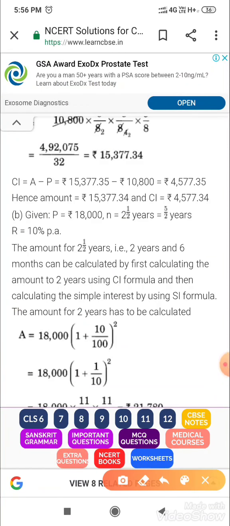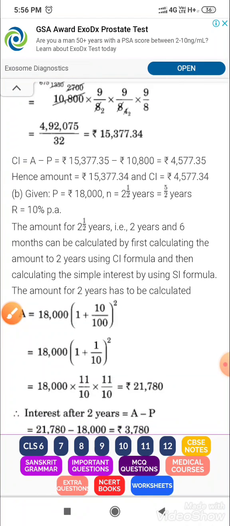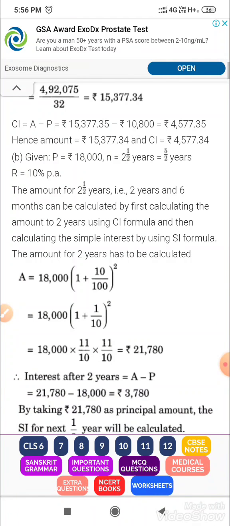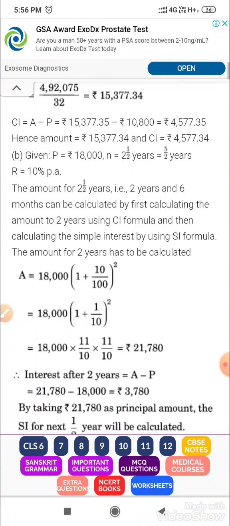Principal is rupees 18,000, time is 2.5 years and rate is 10% per annum. The amount for 2.5 years, meaning 2 years and 6 months, can be calculated by first calculating the amount for 2 years using the CI formula, and then calculating simple interest using the SI formula.